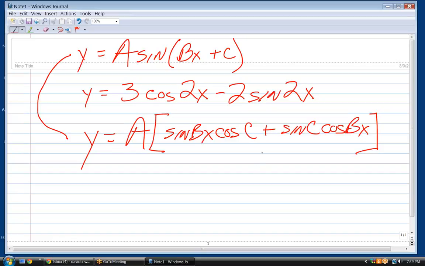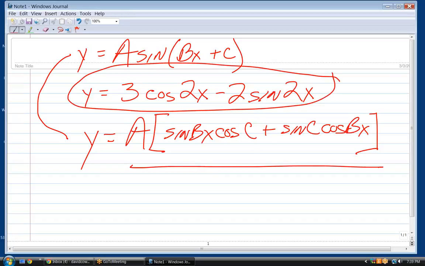So how can I take this and relate it to this? I guess I could say next thing from there is that equals parenthesis a cosine c and parenthesis sine bx plus parenthesis a sine c parenthesis cosine bx. And then that relates exactly to that, huh?